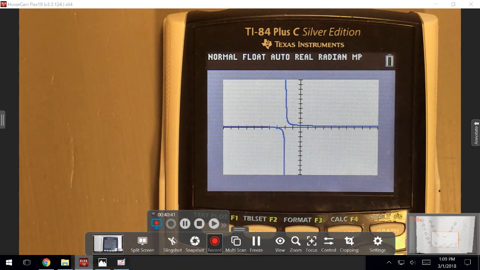Now, your calculator is not going to actually physically draw the hole in, because the hole is so minutely tiny that it can't do it. It's basically like a stick. It's only at the 2, so right there where that 2 is, there's a hole.